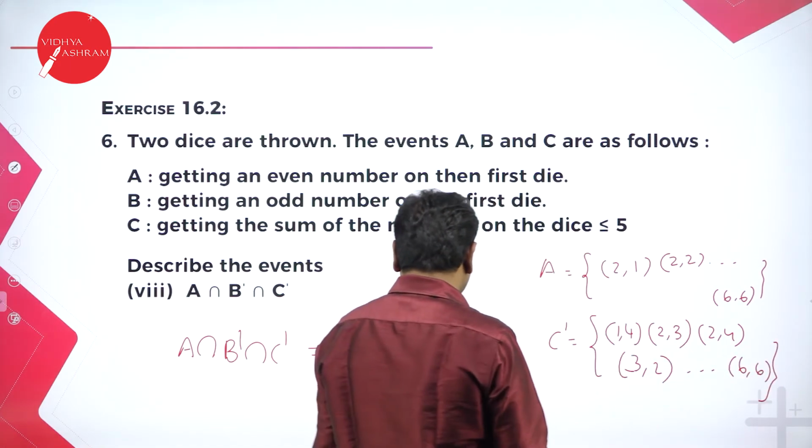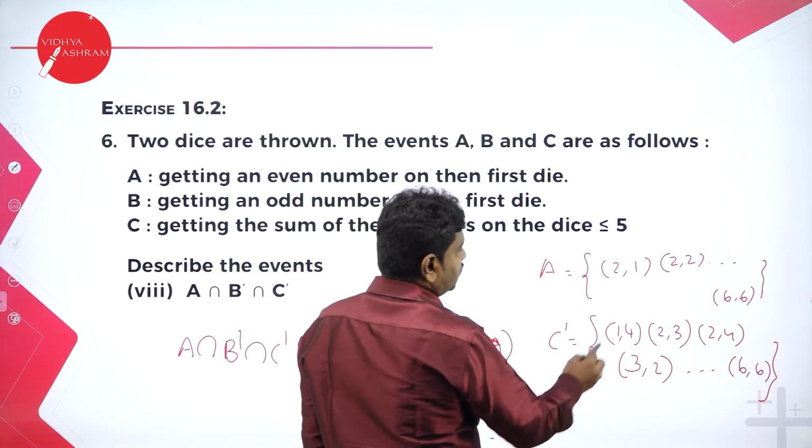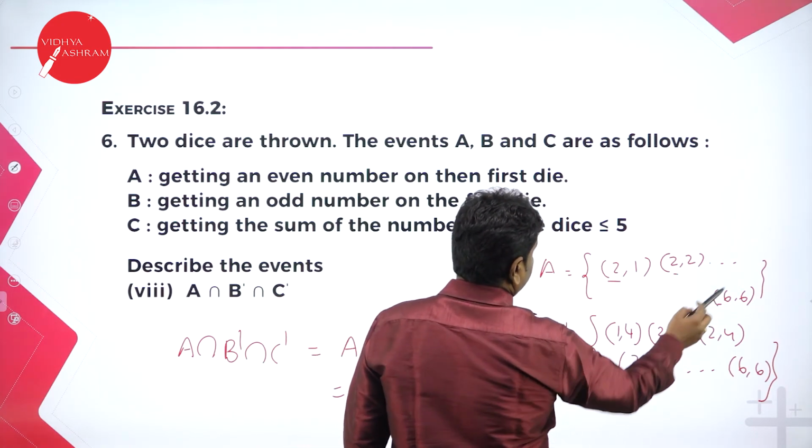Now if I combine these two, the common elements for A, every element starts with an even number.